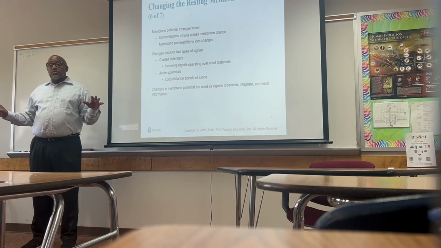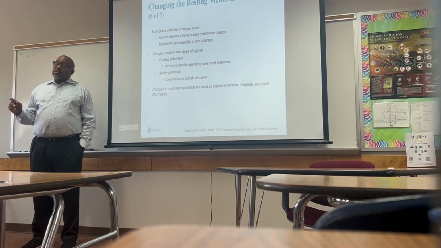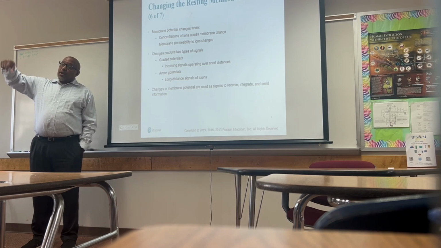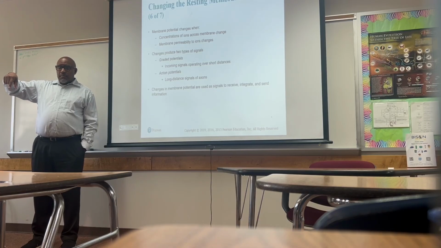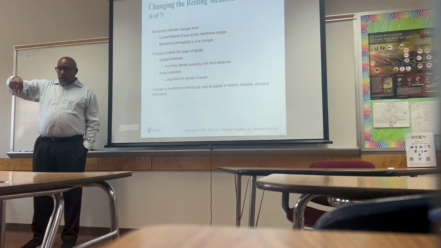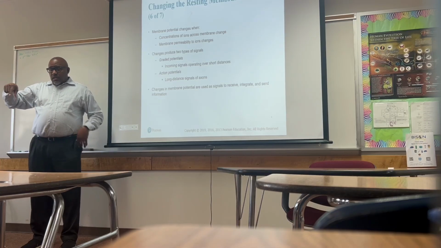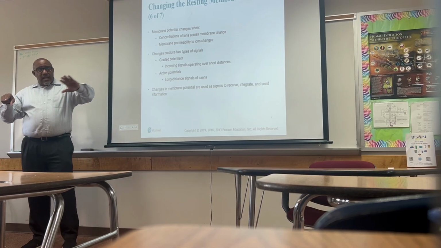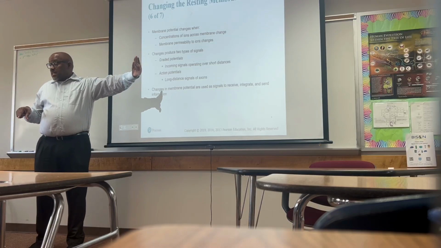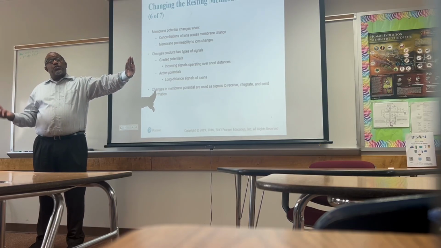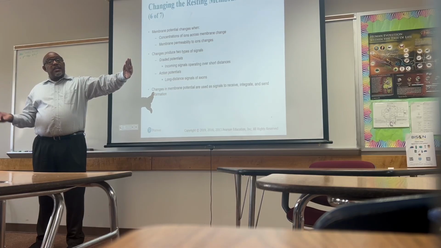That's a graded potential. And action potential is different. This really doesn't happen, but if you throw a rock in the pond, the waves from where the rock went into the pond are big, and the waves at the edge of the pond are the same size and the same force as where the rock went into the pond. So an action potential does not decrease over time and distance.